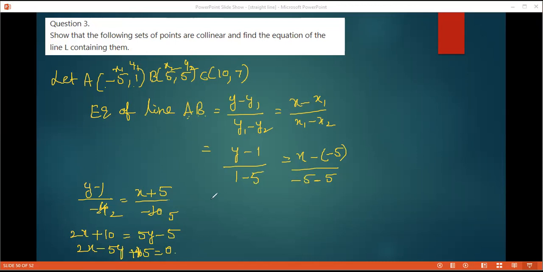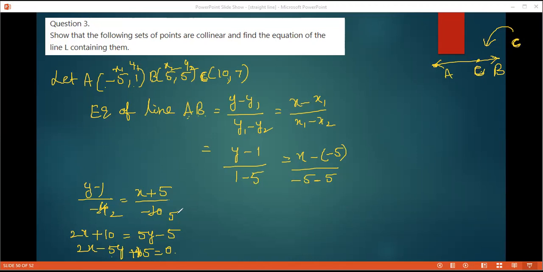So after getting this equation, this is our line AB, right? If a third point, which is C, also lies on the same line, that means what do we say? That the point satisfies the equation, right?